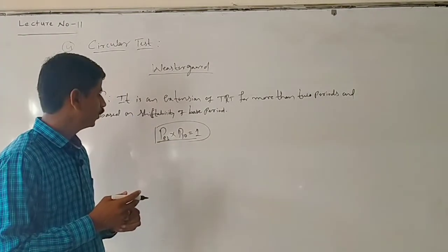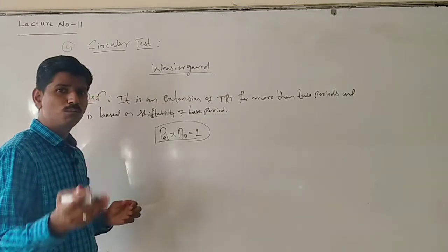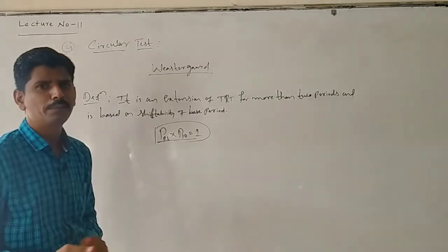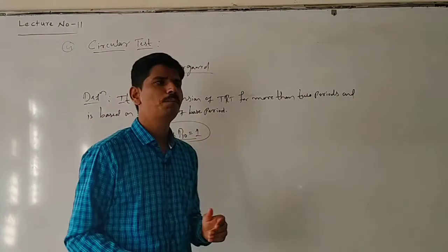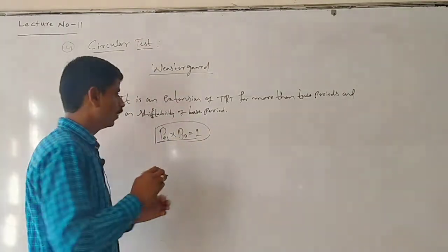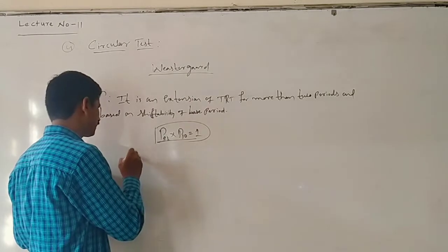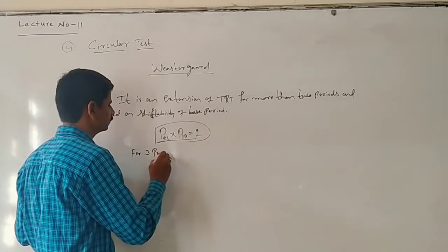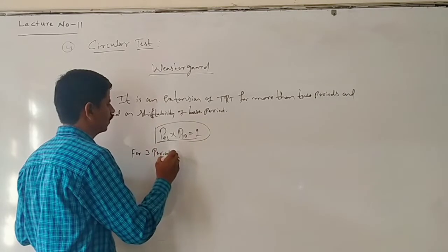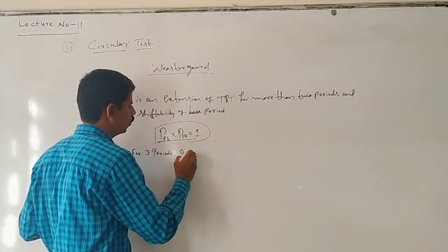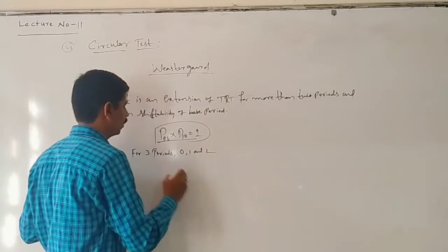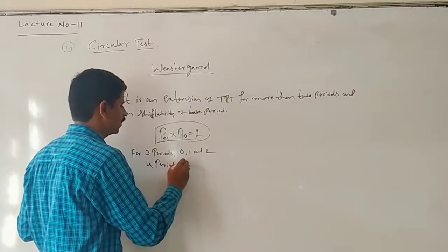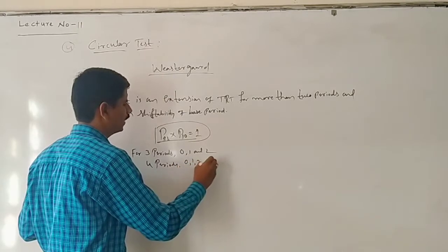Here we are taking more than 2 periods, and it is based on shiftability of the base period. For example, for 3 periods, that is 0, 1 and 2. For 4 periods, 0, 1, 2 and 3.